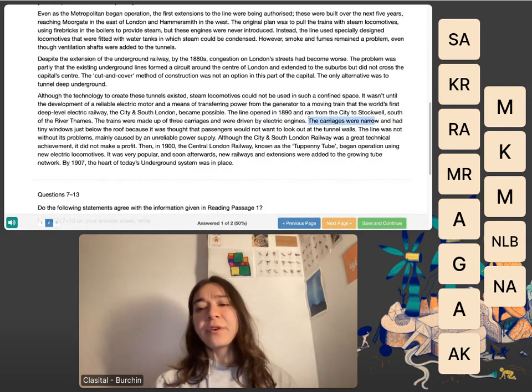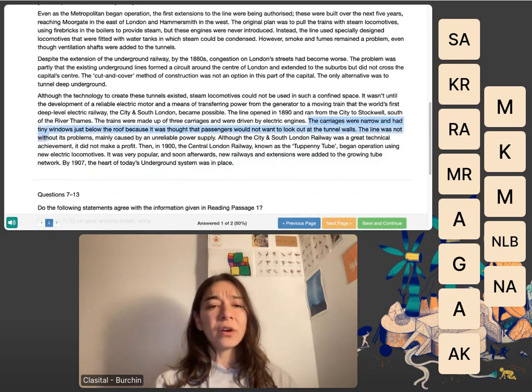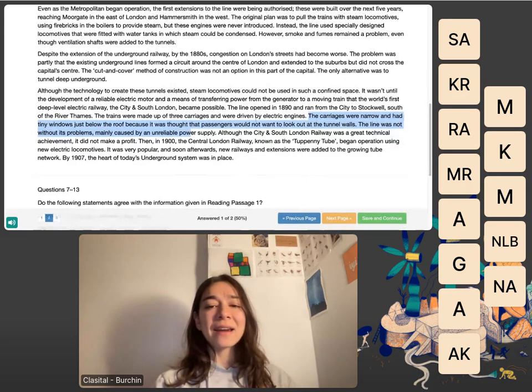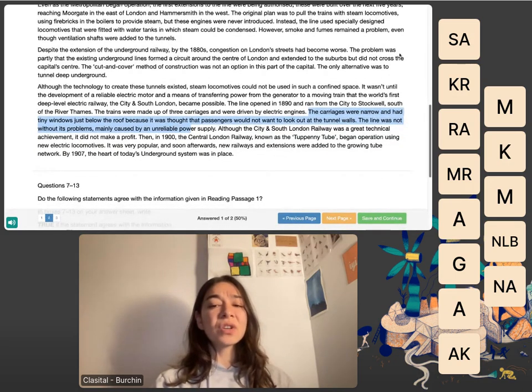The carriages were narrow and had tiny windows just below the roof because it was thought that the passengers would not want to look at the tunnel walls.